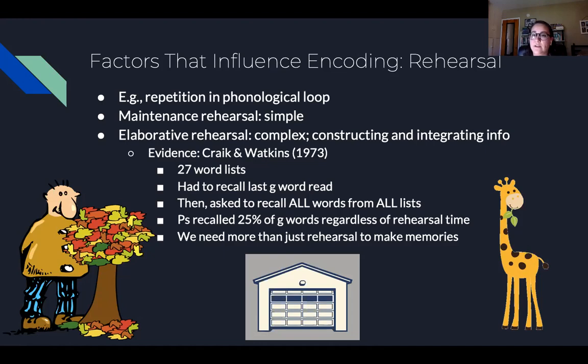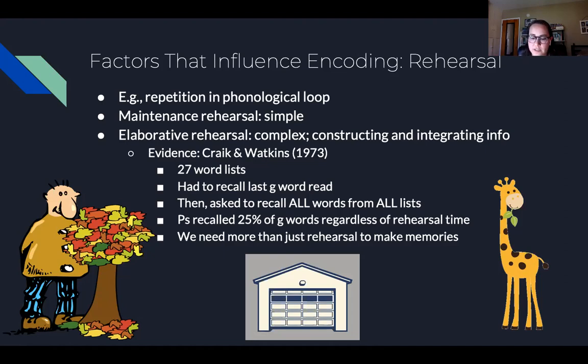Then at the end of each list, the participants were asked to state the last word on the list that started with a G. Participants were given 27 different lists total. I hope they got some sort of decent compensation because that's a lot of list learning to do.